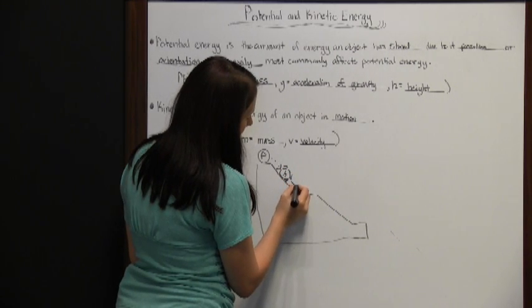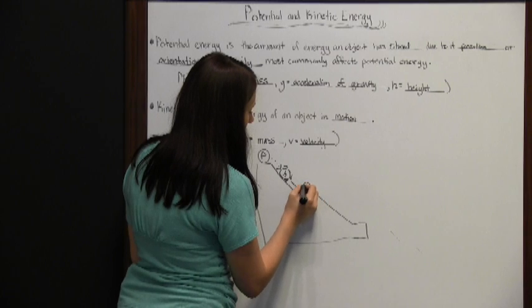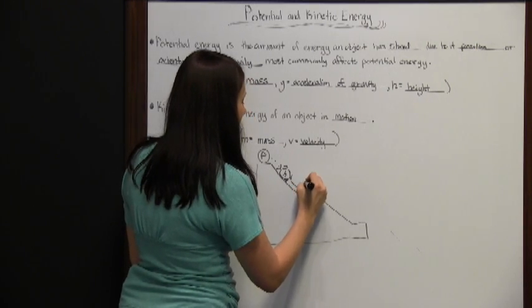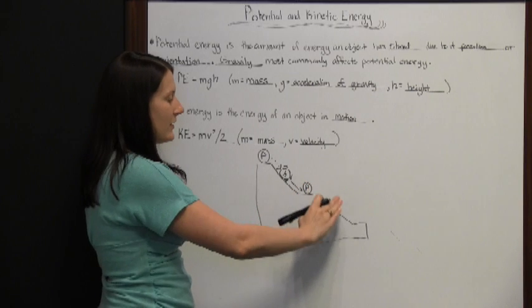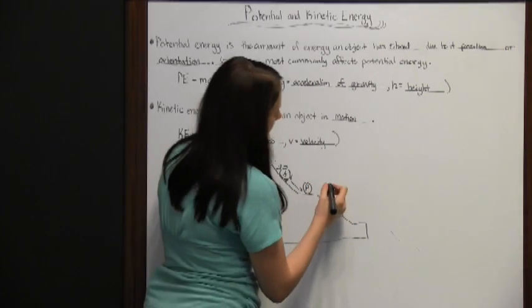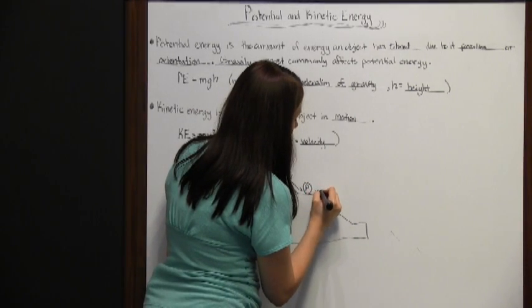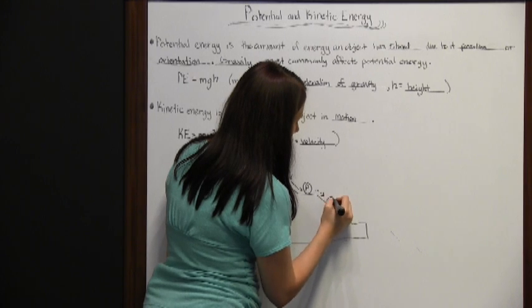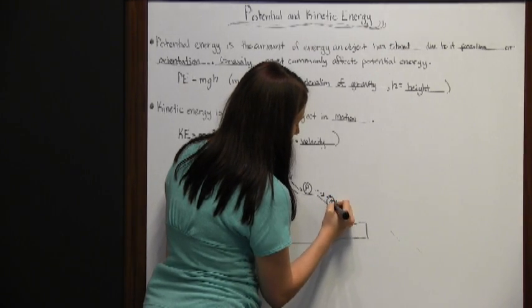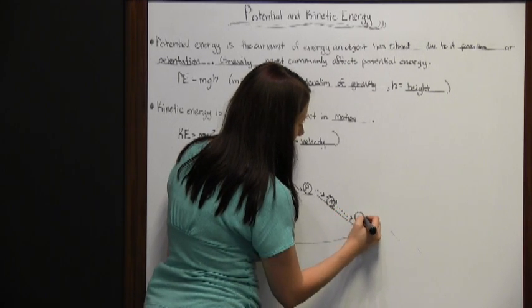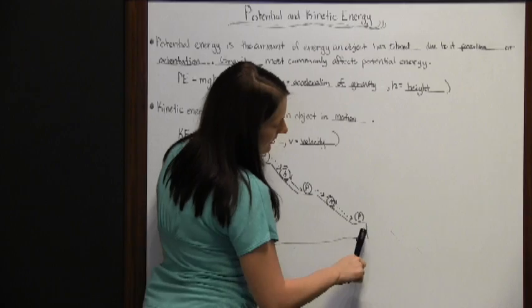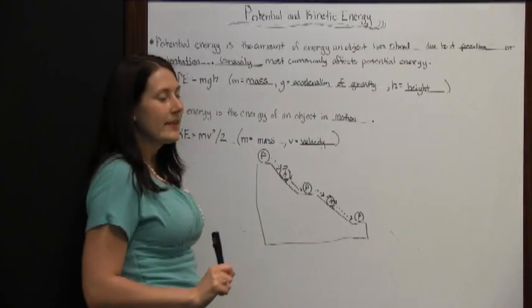If it moves down some more and sits still for a minute, you're going to have potential energy as it's sitting still because it could still go down some more. And if it does, then you have kinetic energy again because this ball is rolling, it's in motion. And then if it lands here, you've got potential energy again because it can still drop off this ledge.